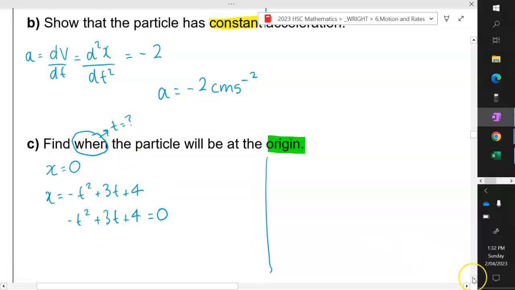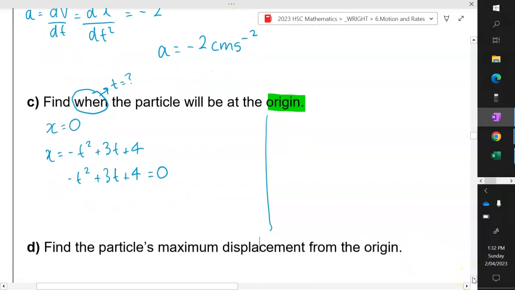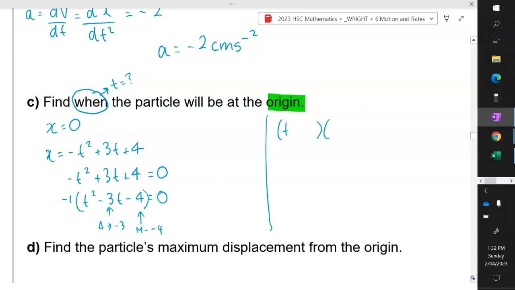So let's solve that. I'm going to divide through by minus 1 because I don't like that minus out the front of the t squared. So I'm going to end up with this equation. I would like that to add to minus 3 and multiply to minus 4. So what I end up with is a t in each bracket, and they're equal to 0.